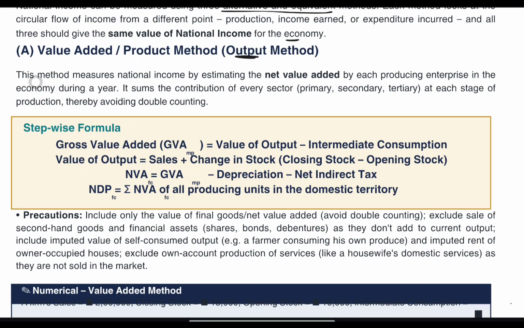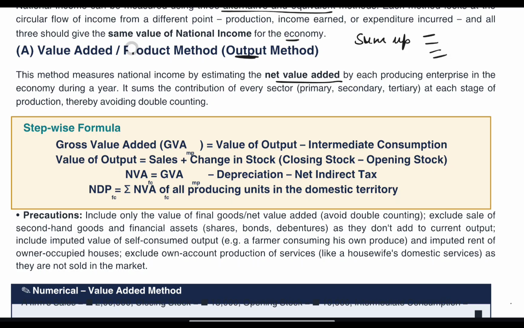This method measures national income by estimating the net value added by each producing enterprise in the economy during the year. It sums the contribution of every sector at each stage of production, thereby avoiding double counting. So in this method we sum up the net value added at all levels.